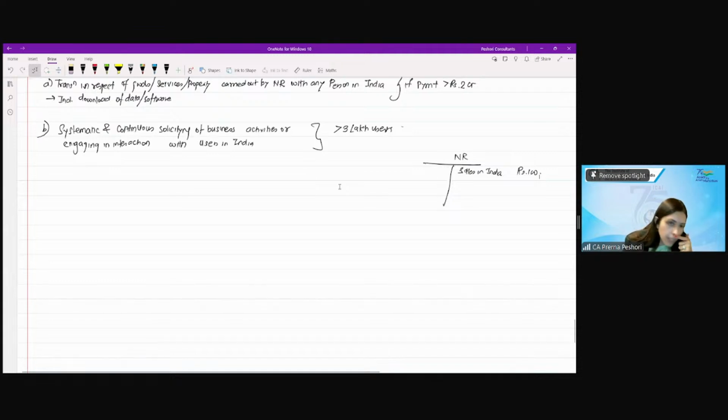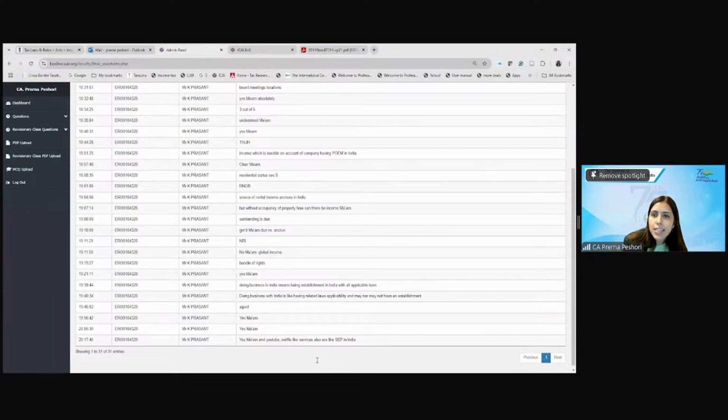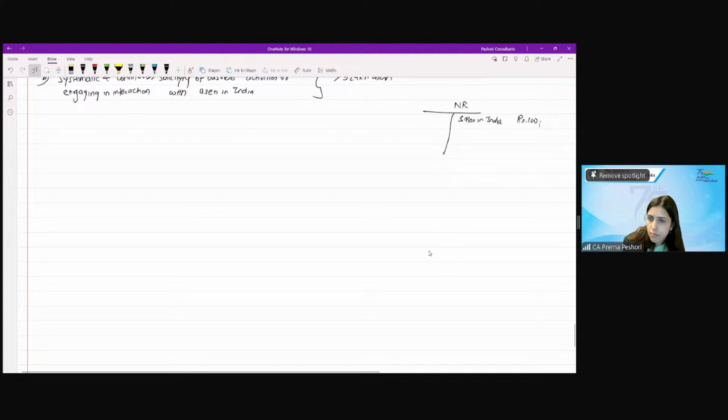How do you compute the income? You compute as per your heads of income only, right? So income is basically not 100. It is 100 minus the expenditure, right? Now, to earn this 100 rupees as income, I would have incurred purchases of, let's say, 80.